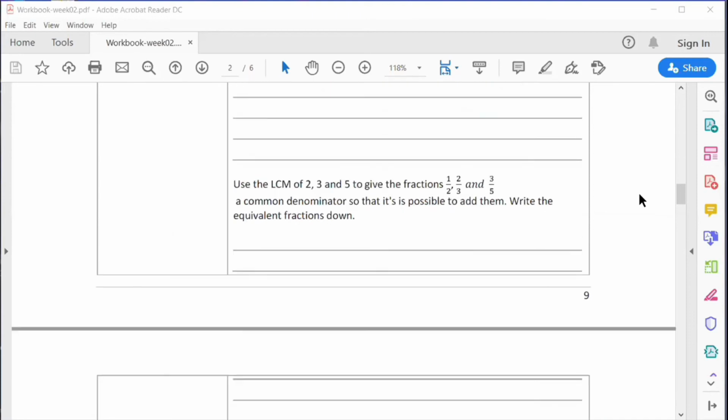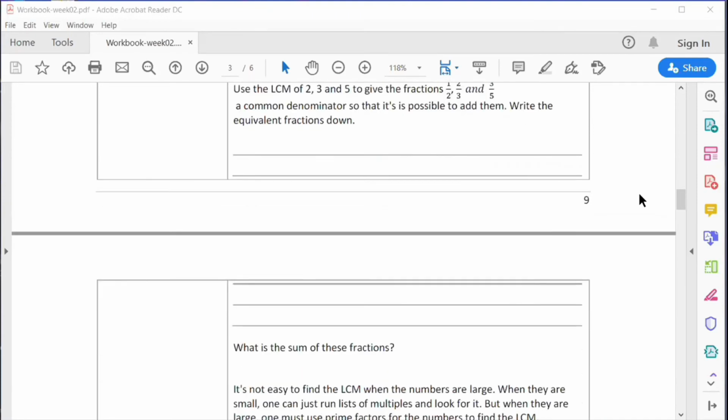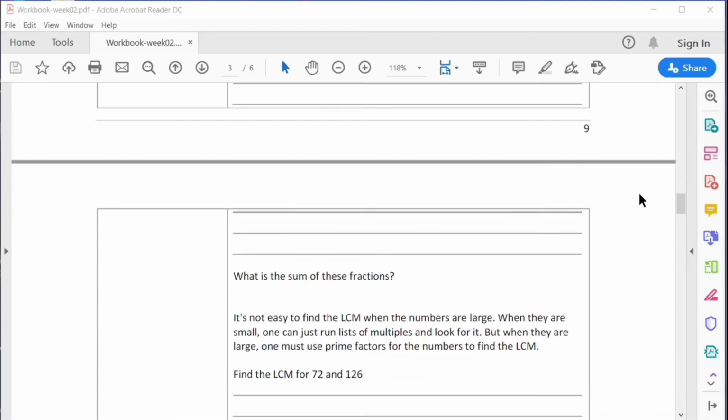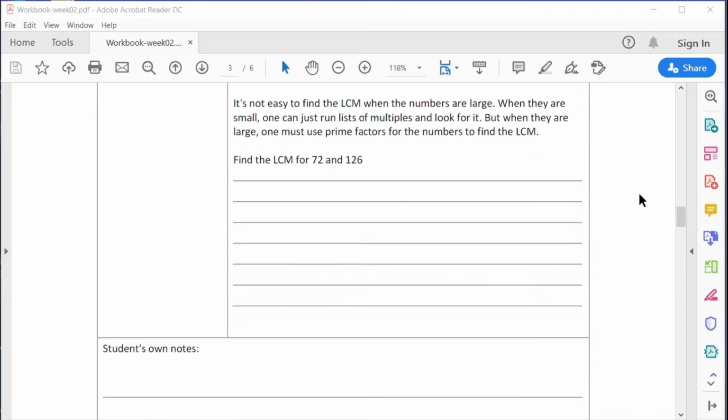Now, the next bit. So you can write the sum of the fractions down. The next bit is rather interesting. It's not easy to find the LCM when the numbers are large. When they are small, you just run the list of multiples and then you pick.